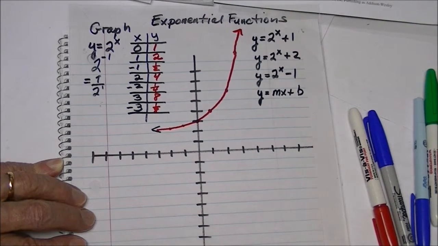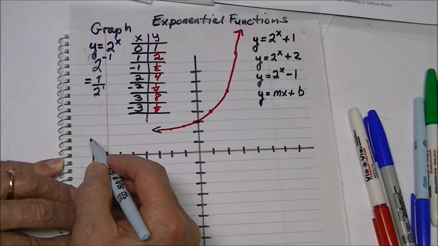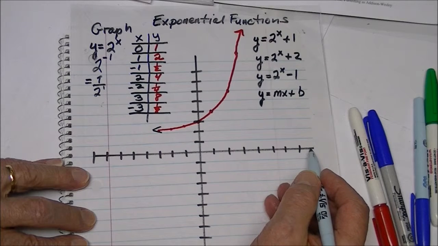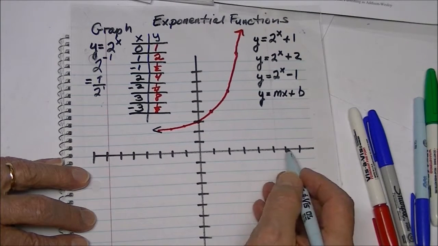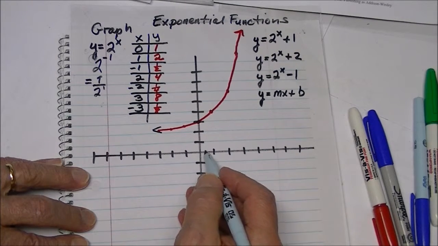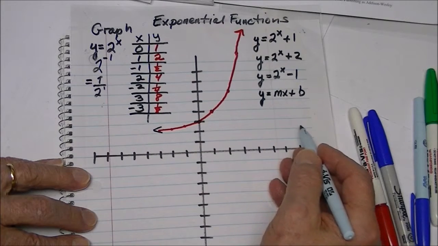Now notice your line now, as it goes in this direction, over here, this is called the horizontal asymptote, the x-axis. When it's at 0, when it's at 1, it's this axis. When it's at 2, it's at 2.